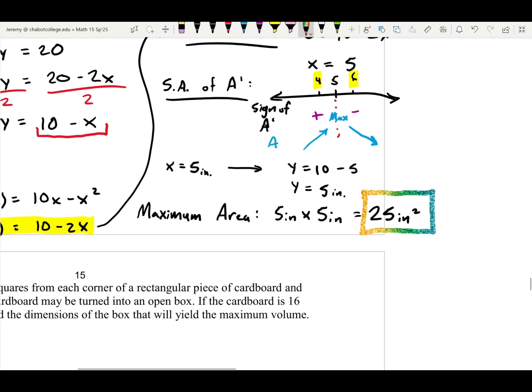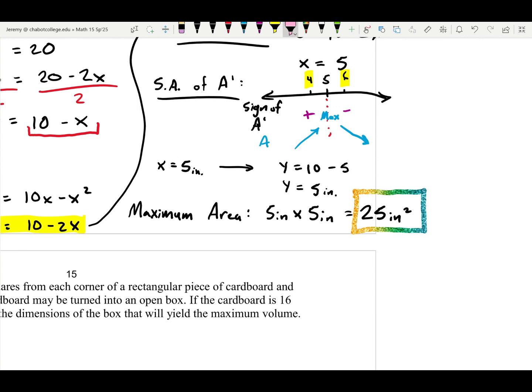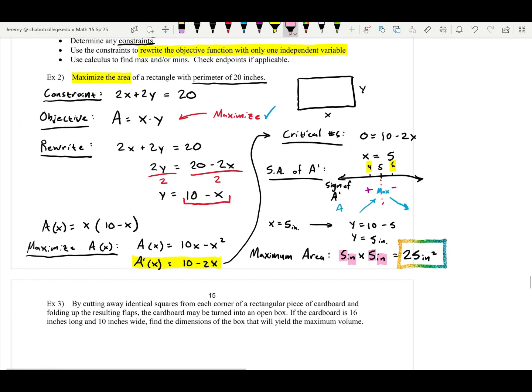All right, remember when we multiply together to get an area from just the x and the y, we multiply the numerical values, but we also multiply the units together. And inches times inches gives us inches squared. So for a lot of these application problems, we're going to have units to keep track of.